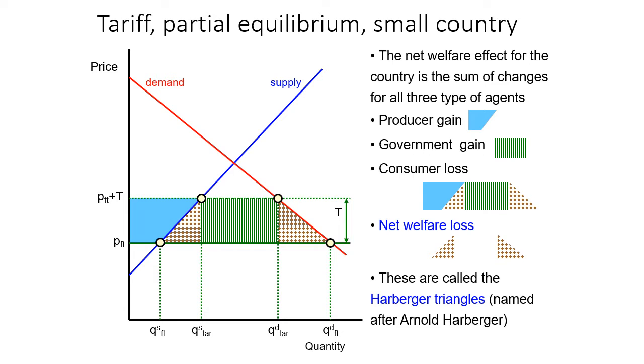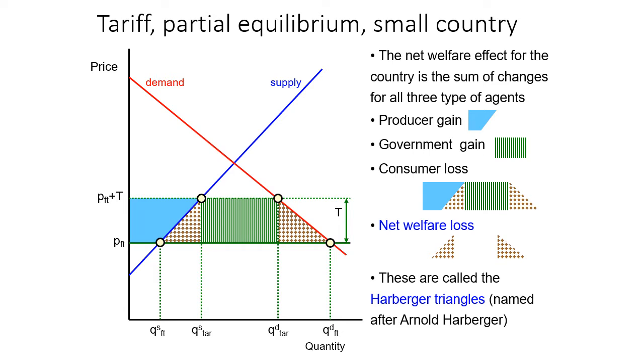What is happening in terms of revenue for government? The amount being imported is only the difference between QD TOR and QS TOR, and they're earning the tariff on those imports. That relates to the green striped vertical box. So that is the government revenue gained by imposing the tariff.